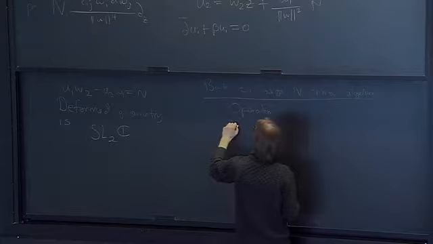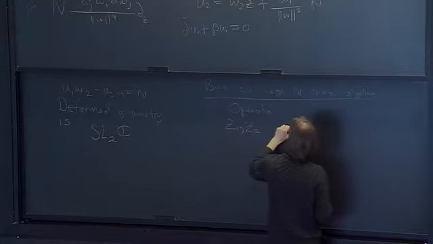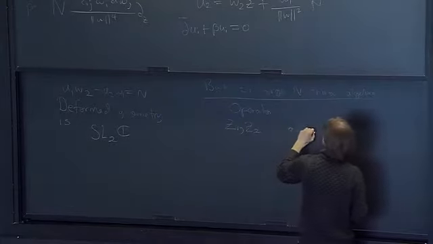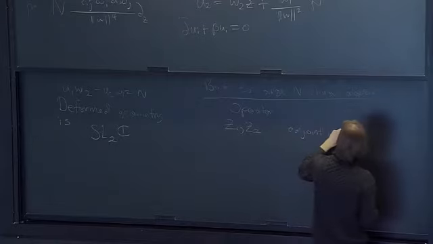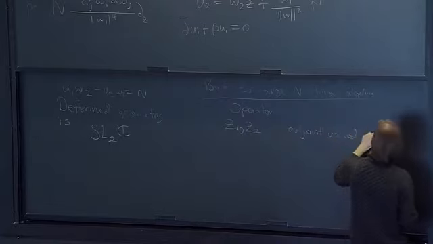There's Z1, Z2, which are adjoint valued, of spin a half.